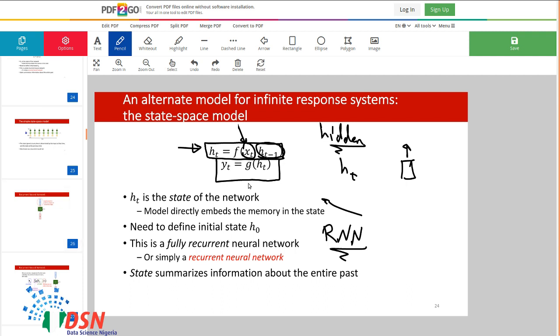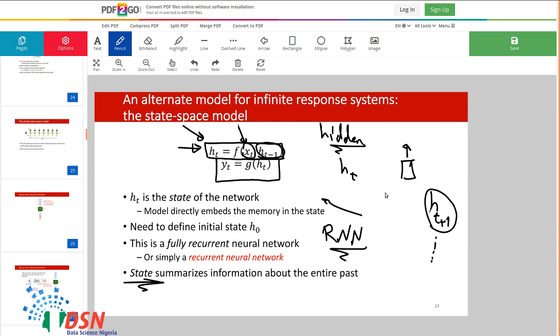In these networks, the states summarize information about the entire past, because the first input could affect the hidden state, and that hidden state could affect the next hidden state, and so on.